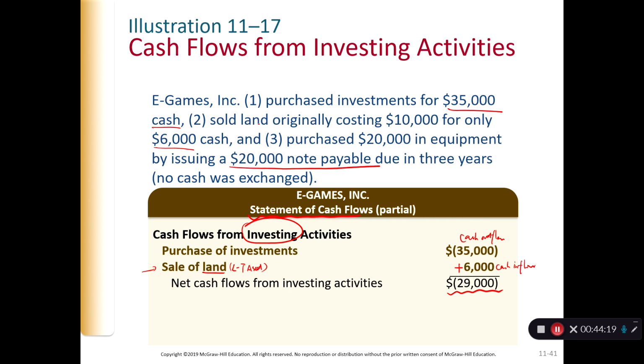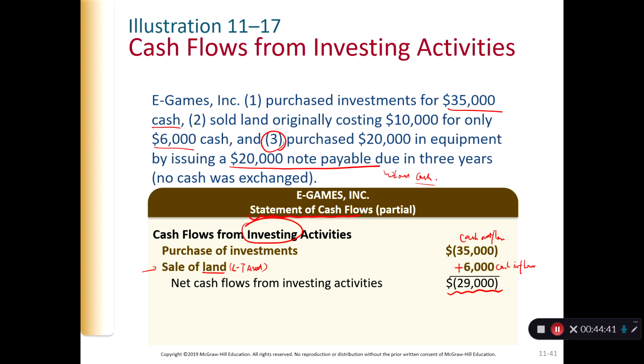You ask me, what will happen to the equipment item? We don't do anything with it, because this is a significant investing and financing activity without involving cash. The equipment is paid for by notes payable, so there's no cash involved.